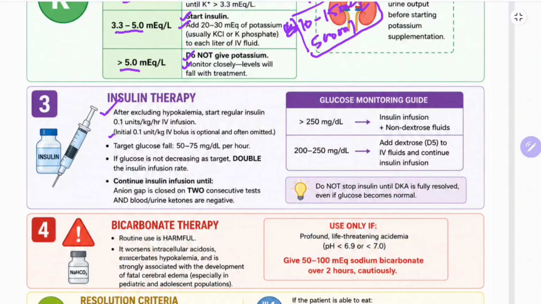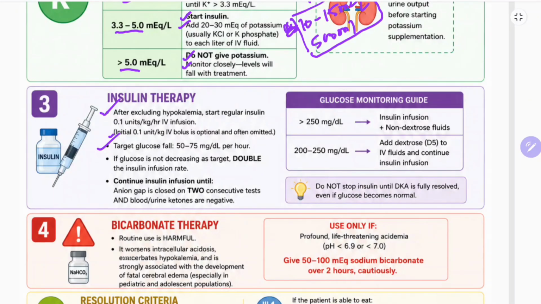Some physicians give this bolus, for example 6 units IV for a 60 kg adult, and then start the infusion. Some people do this and some go directly to the infusion. So 0.1 units per kg per hour IV infusion is the rate.